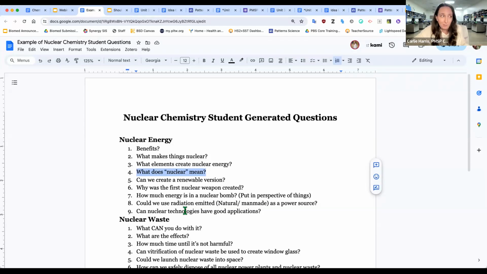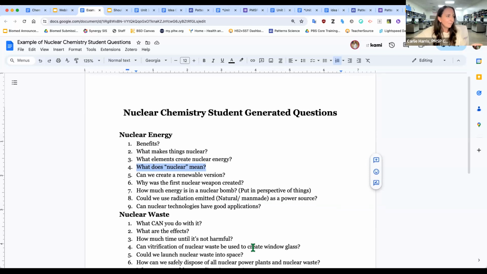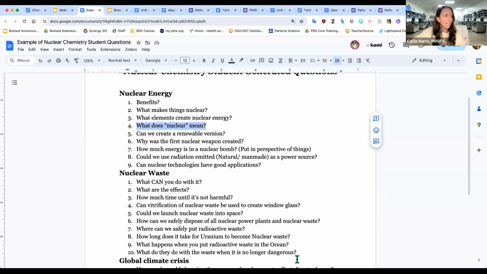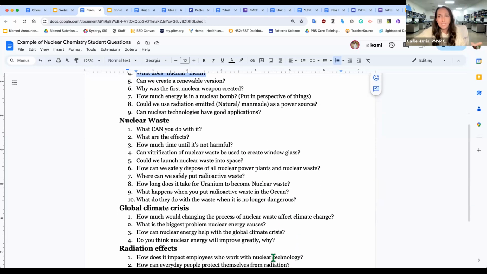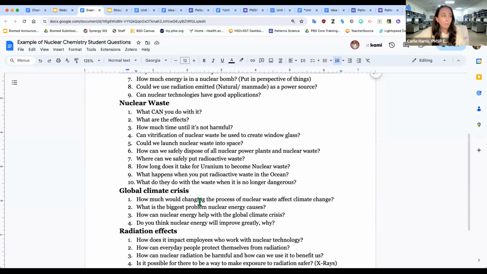I would assume my students know what nuclear means, but this was a question that came up. Some of them are a little bit more profound. Some students have background knowledge related to the global climate crisis, and maybe they have some ideas already about how nuclear energy could help or not help with that.